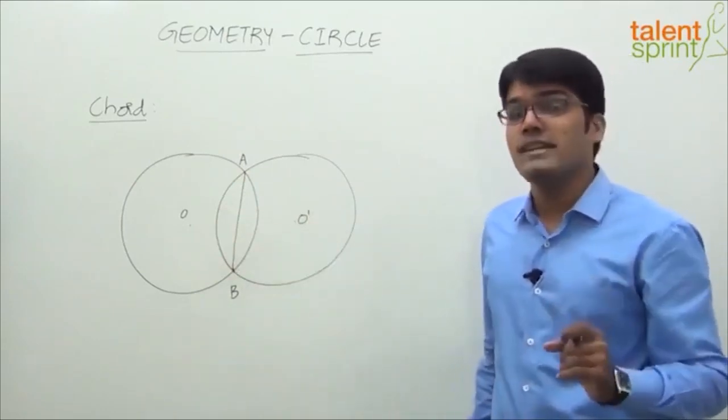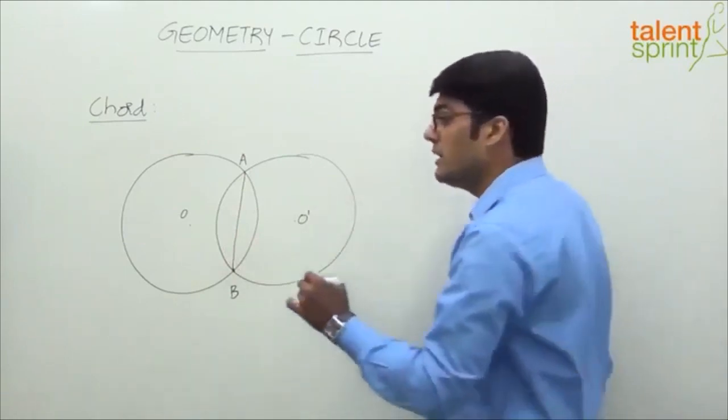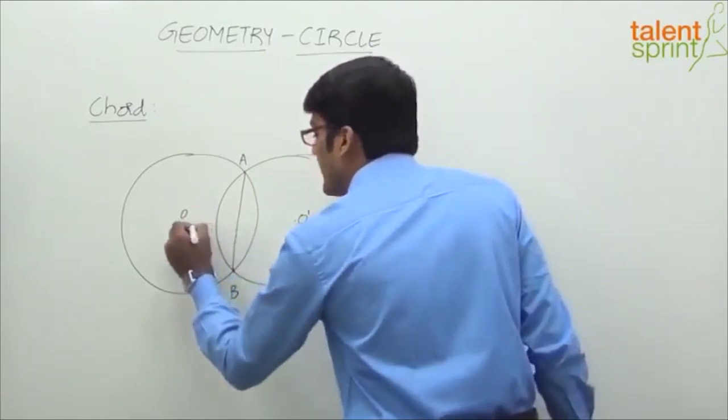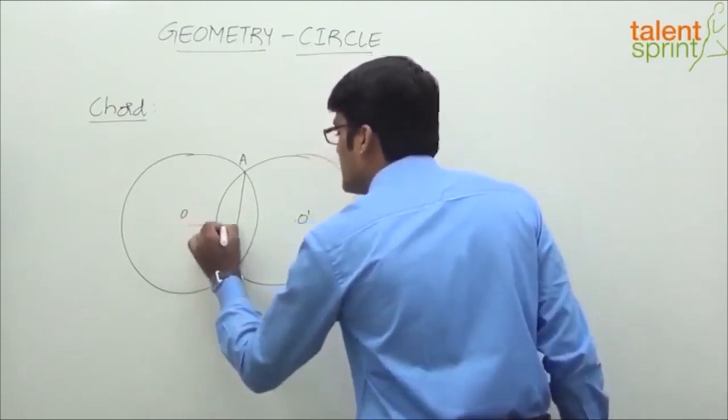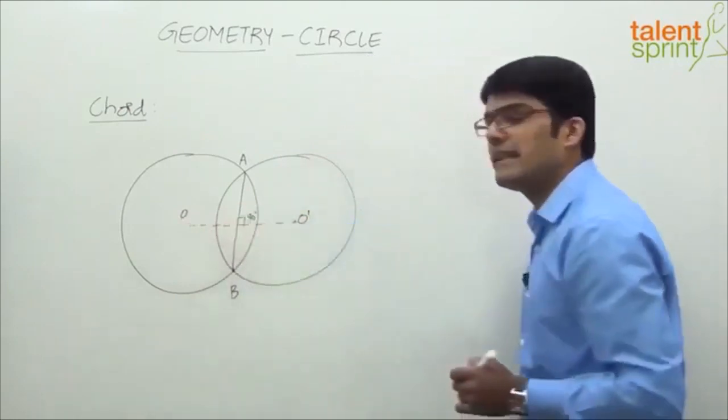So the point to be noted here is, in such a case, this common chord will always be perpendicular to the line joining the two centers. So if I join the two centers here, this will be perpendicular. The angle here made will be 90 degrees, right?